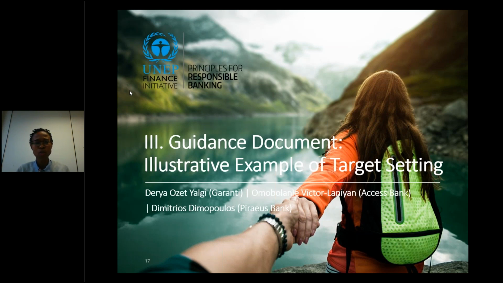Demetrius, let's hand over to you for a presentation on the illustrative examples of target setting. Thank you, Puleng. And thank you for this opportunity for sharing with the rest of the banks how the guidance document works. We have a good idea what the principles are.